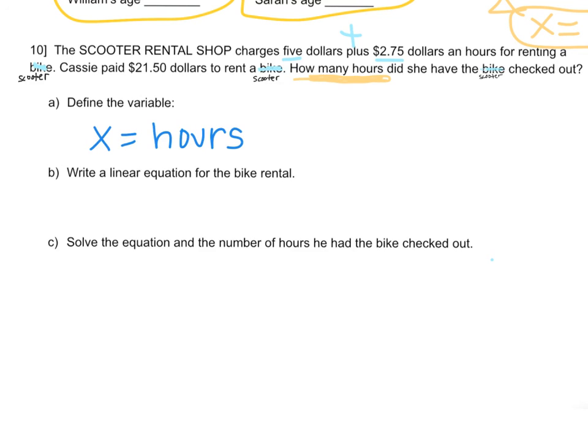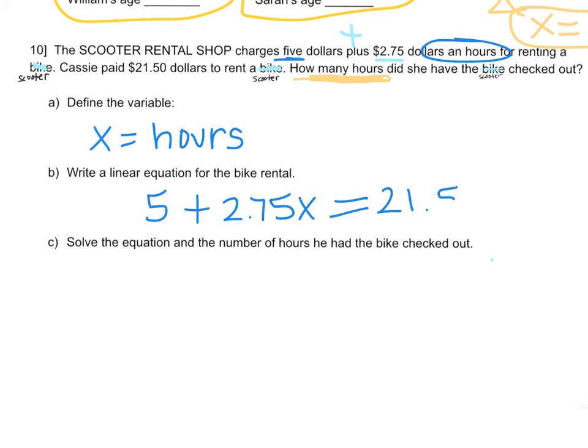Okay, let's create our equation then. So go back to the word problem. It says that the company charges $5 plus $2.75 an hour, and we said X is hours, and that Cassie paid $21.50.